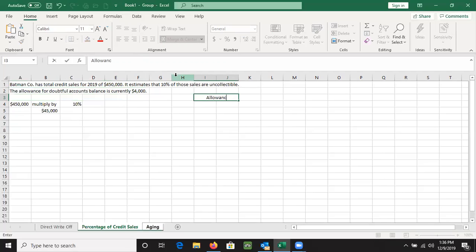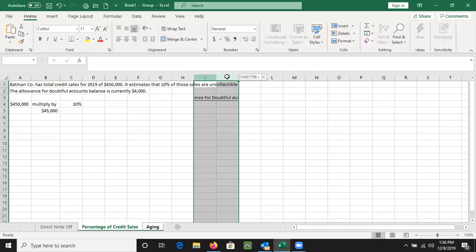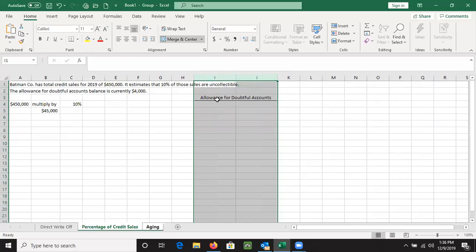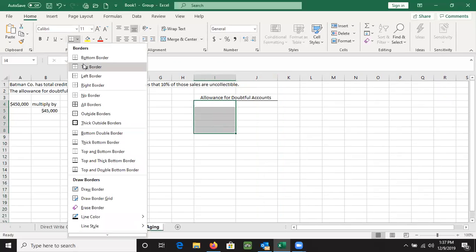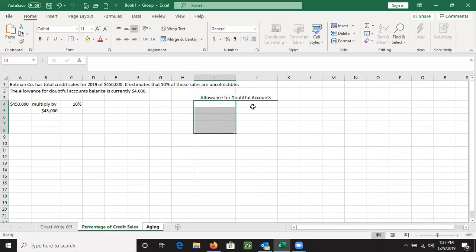So allowance for doubtful accounts. So this account, when it increases, it gets credited. Okay, it's a contra asset, so the opposite happens to it. So what this problem said is this account has a $4,000 balance before we even begin.